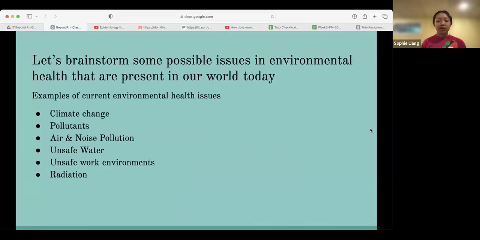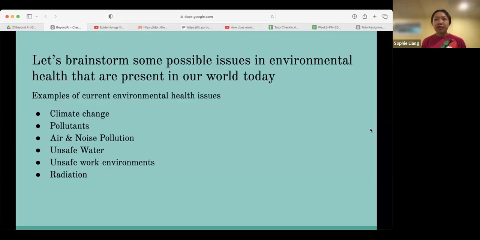Okay, so let's brainstorm some possible issues in environmental health that are present in our world today. Here are some current examples. We have climate change, and pollutants. This could be in the air or in the water, everywhere, like microplastics, and other pollutants as well.